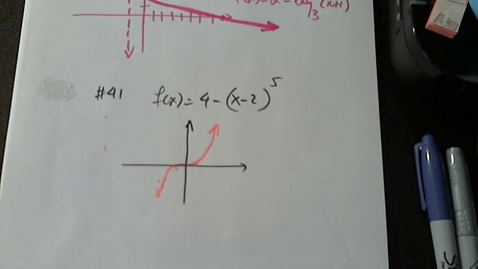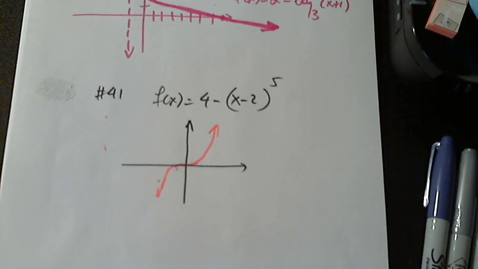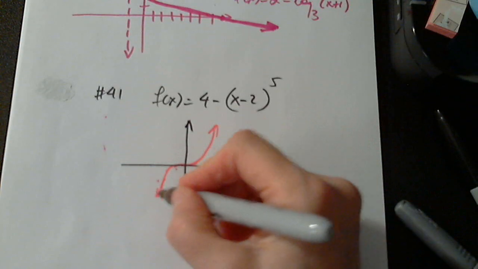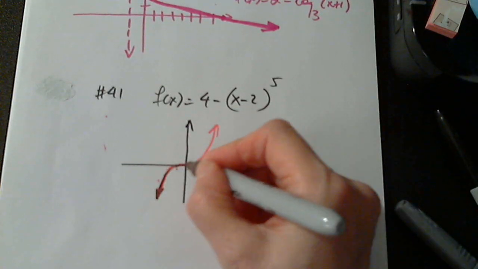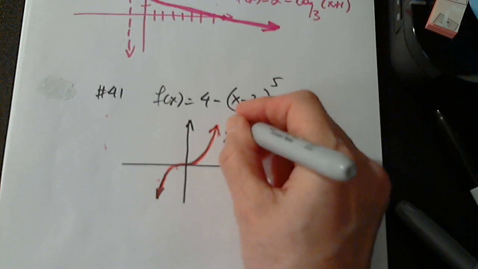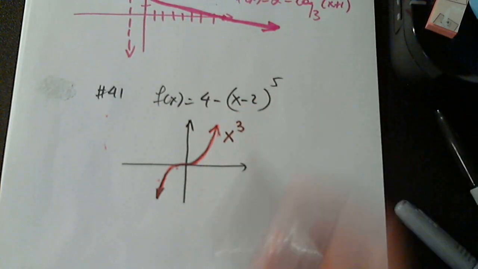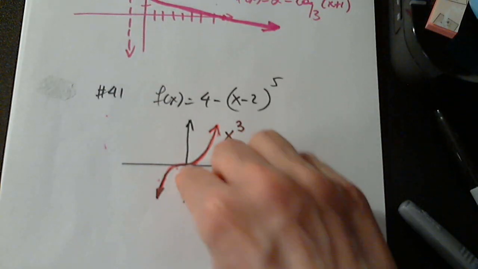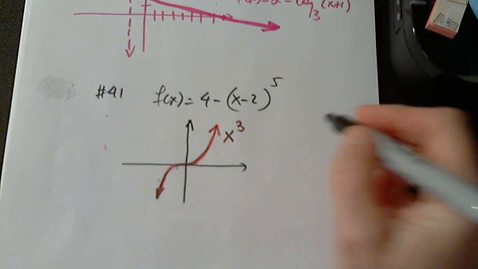I don't know if this is a good color. I don't think this is a good color. So let me try a different color. So we had x cubed. How will x to the 5th look like? Very similar. Even flatter here.